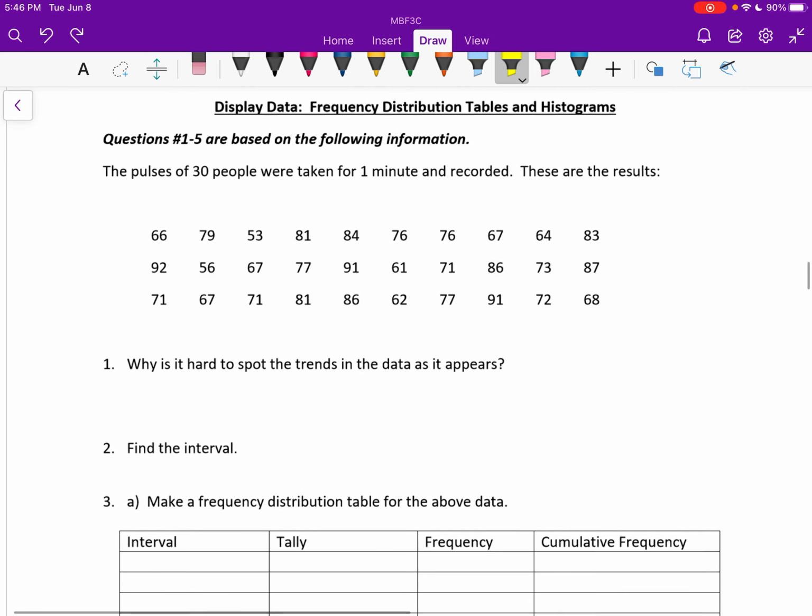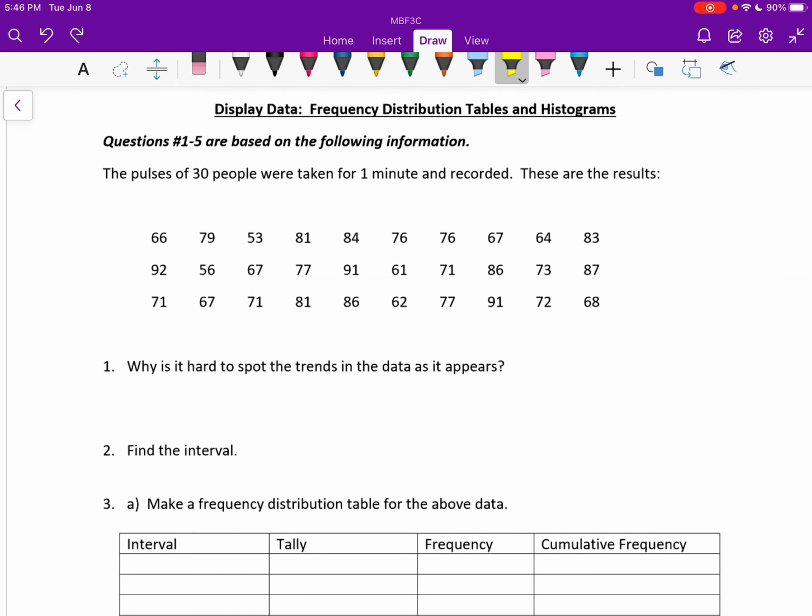So what we're going to do is questions 1 to 5 are based on the following information. If I was just to look at this graph, the first question it's asking is, why is it so hard to spot the trends as they appear? There's a number of reasons why it's so hard to spot the trends. The first is the numbers are all over the place.